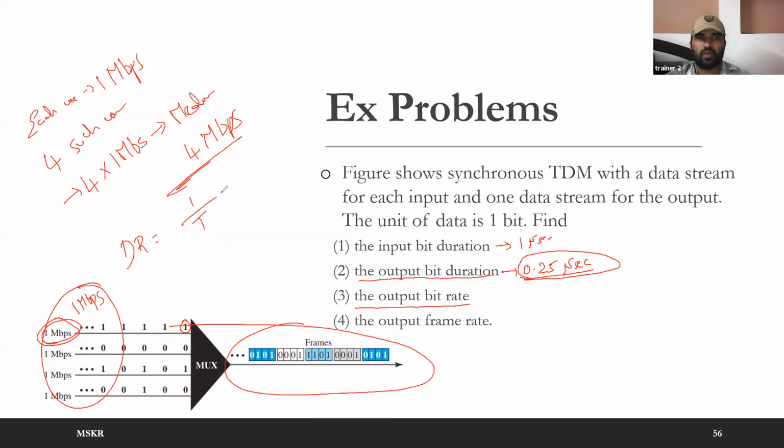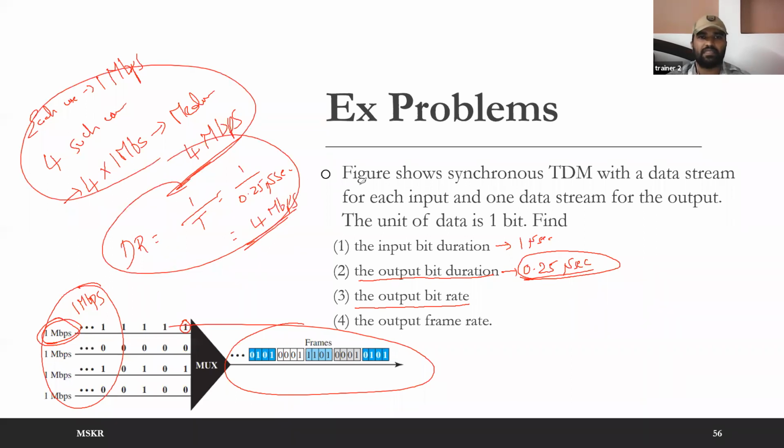So 1 by t means 1 by 0.25 microseconds, that is nothing but 4 Mbps. So either you do it like this or like this, you are going to get the same answer, that is 4 Mbps, 4 million bits per second.